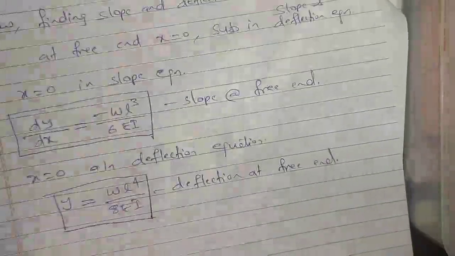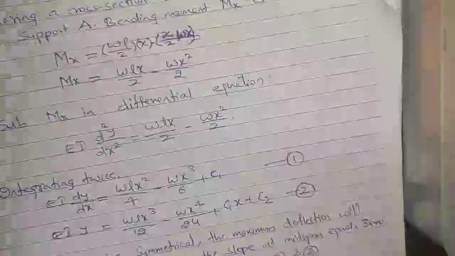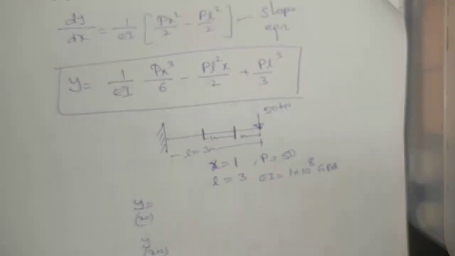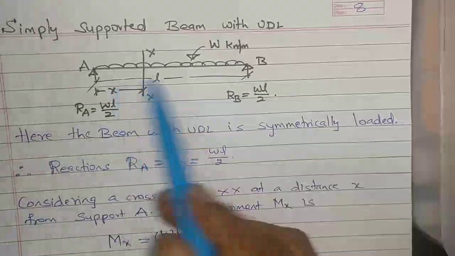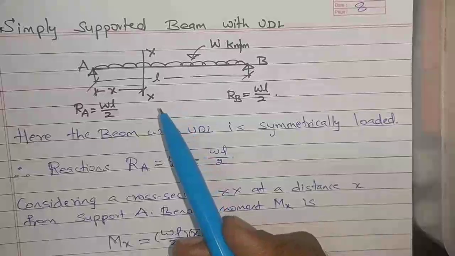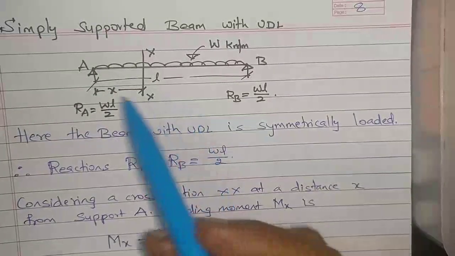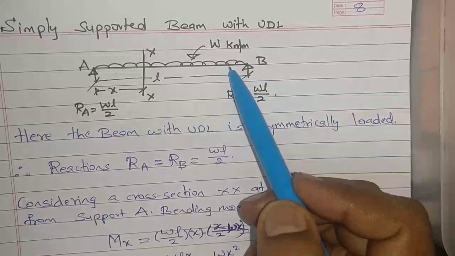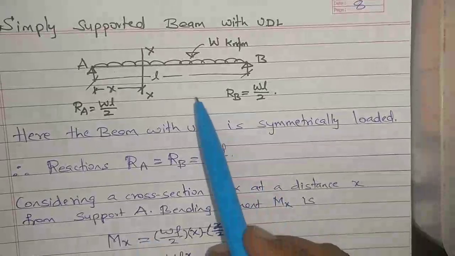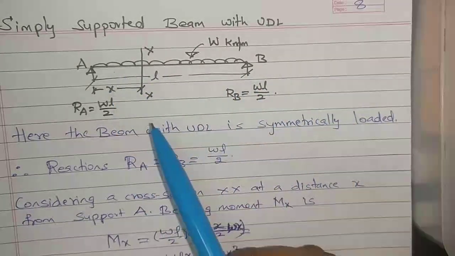Okay. Next, you have the next problem. This one, same problem, but you have a simply supported beam here, subjected to UDL. What is the deflection at different points?